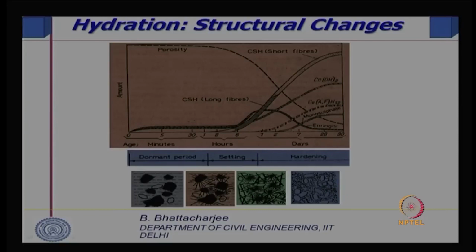So, this is the hydration process and the structural changes that occur in cement when it mixes with water. We have seen the chemical reaction, how the hydration process occurs physically, and how different products are formed with time. That is what the hydration process is.